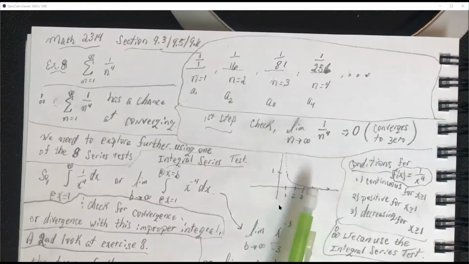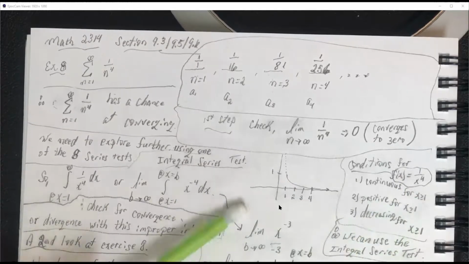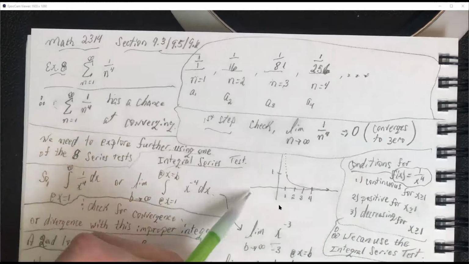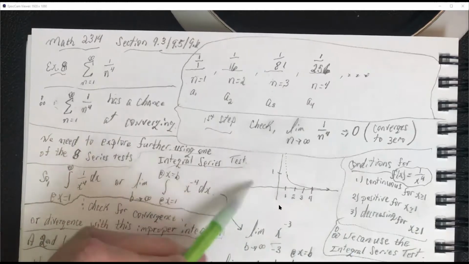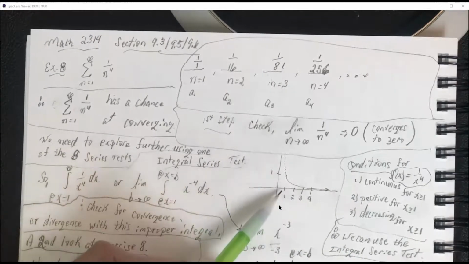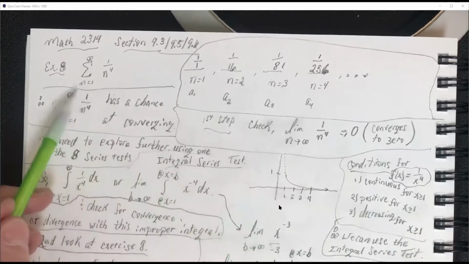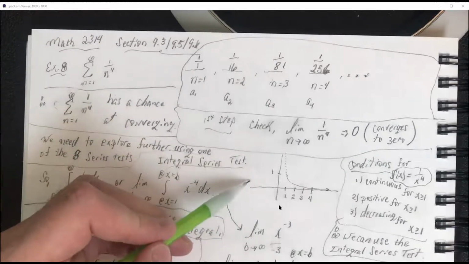So if we were to graph this function on Desmos, there's actually another piece over here. But we don't need that piece because we're only interested in starting at n equals 1 or x equals 1, because that's where this sequence starts. So we're not concerned about this other piece.